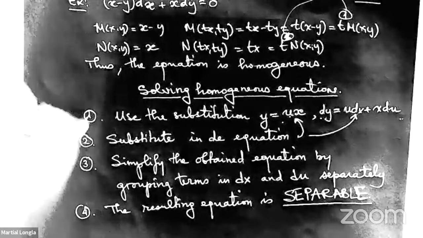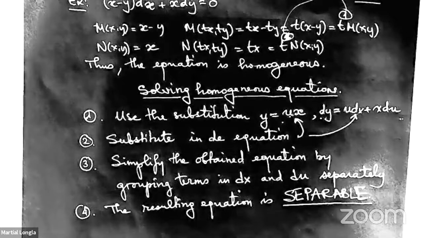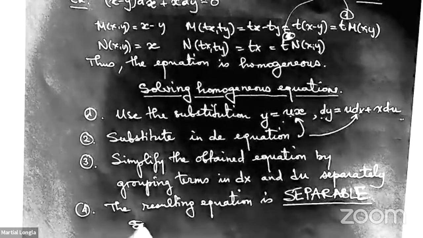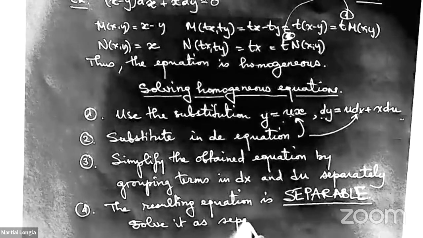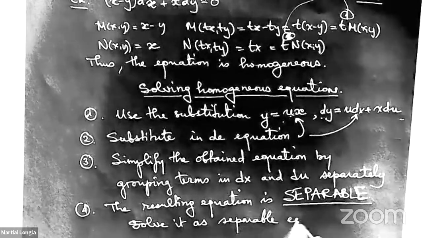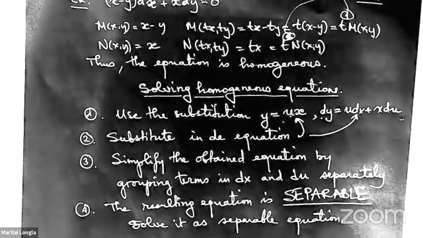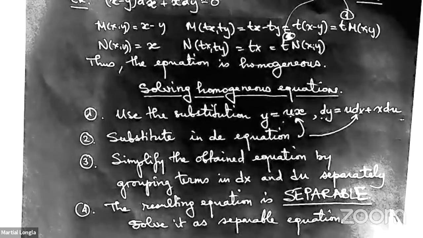So when you follow these steps, the equation that you obtain is a separable equation that you solve as a separable equation. That's it. And at this point, if you did nothing with separable equations, you're lost, because it's a problem adding on top of another one, and you need to use both things to answer one question.